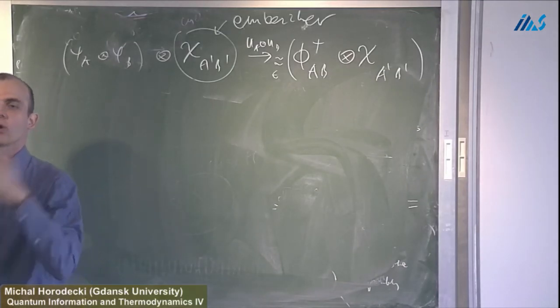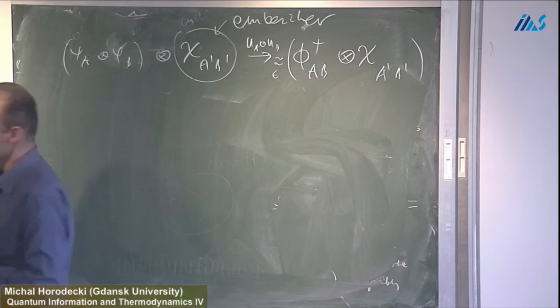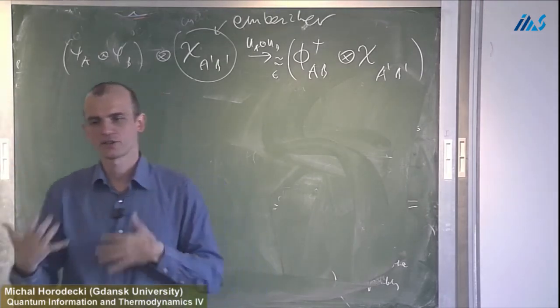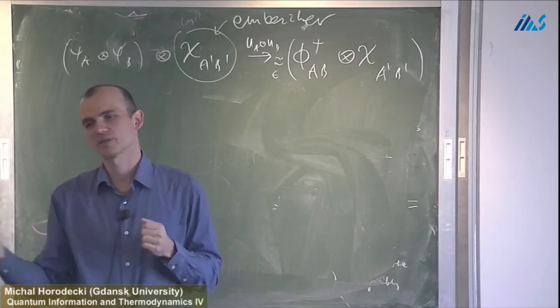So we considered this scenario where you are allowed to add a catalyst, and we obtained that then the whole thermodynamics is not governed anymore by the diagrams, but by Rényi entropies, relative entropies.